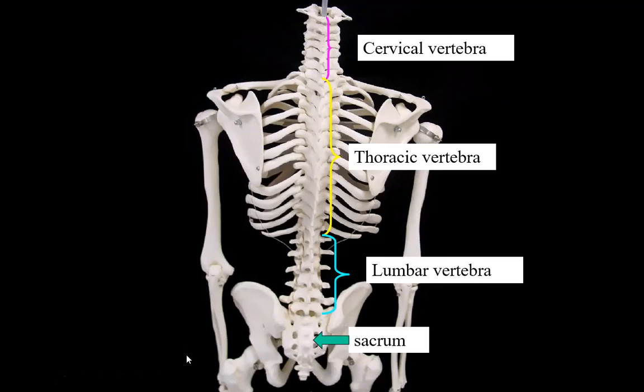The coccyx is this little bone, tailbone here, made of 3 more fused vertebrae. So they count. They are all part of the spinal column for us. Sacrum and coccyx, or tailbone.